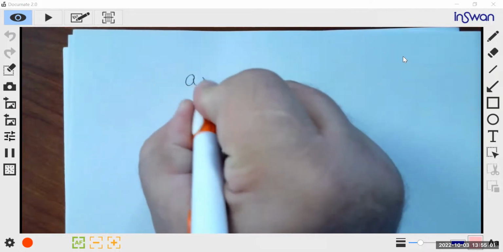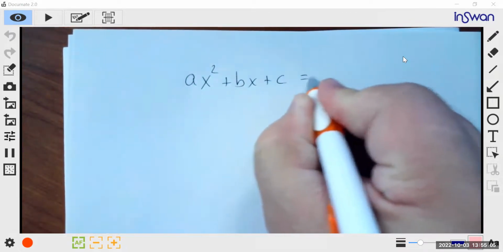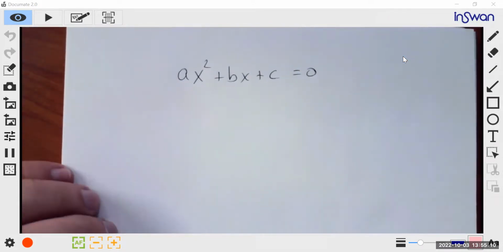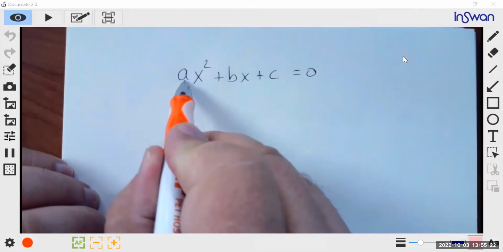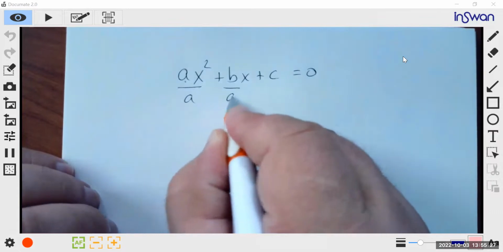We have ax squared plus bx plus c equals 0. Let's just complete the square. What do you have to do first? Nope, we have an a here. So we have to divide a by everybody.